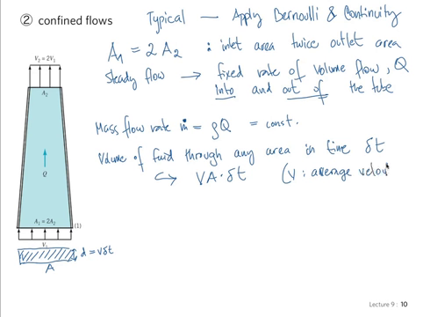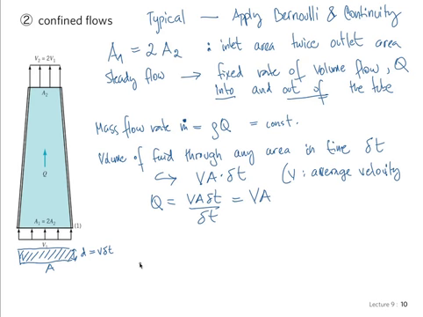So is that Q? Well, Q is actually flow rate, so Q is that divided by time. So it's always V times A.